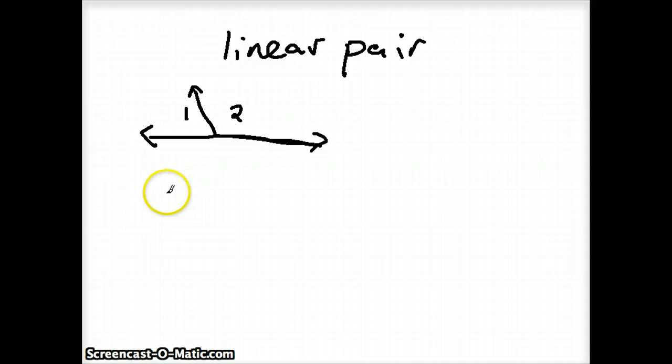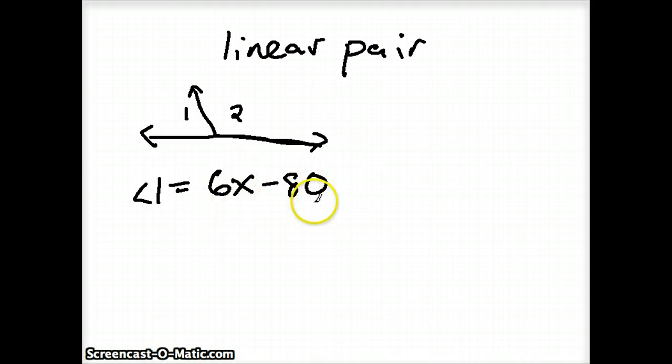Let's say that we know that angle 1 is 6x minus 80. That tells us the angle measurement for angle 1. And angle 2 is, let's say, negative 2x plus 140.